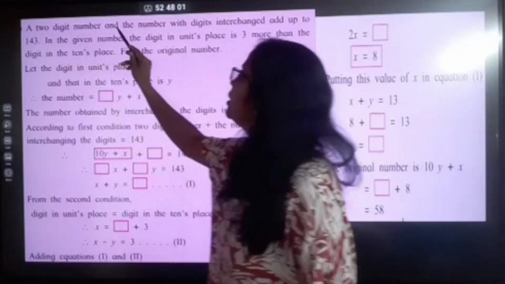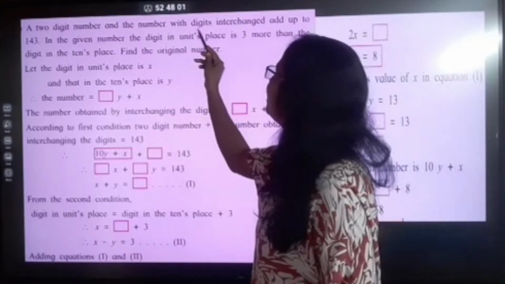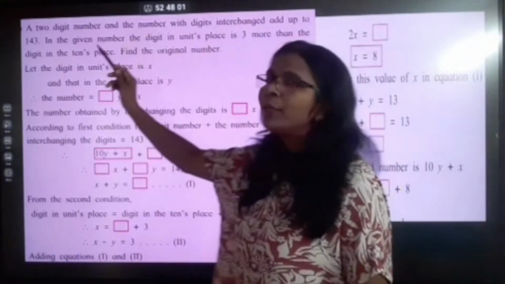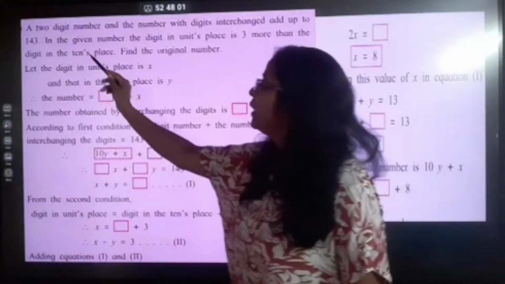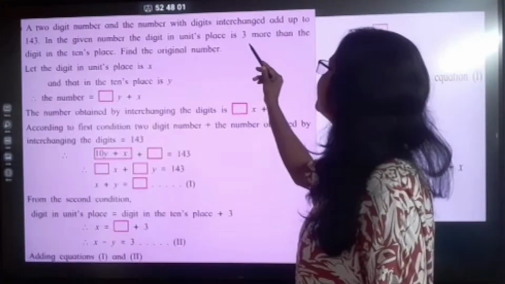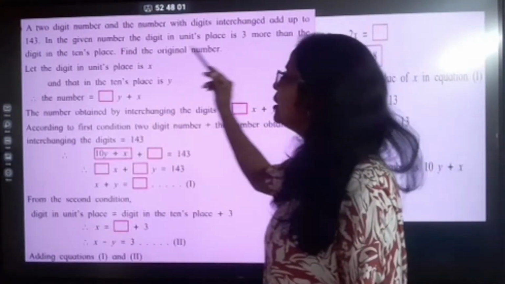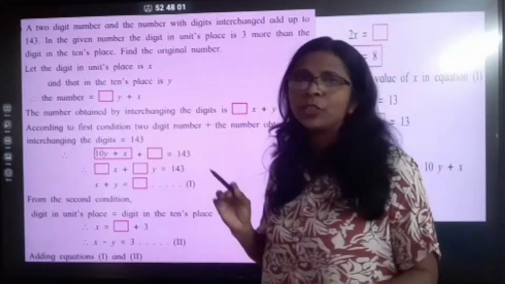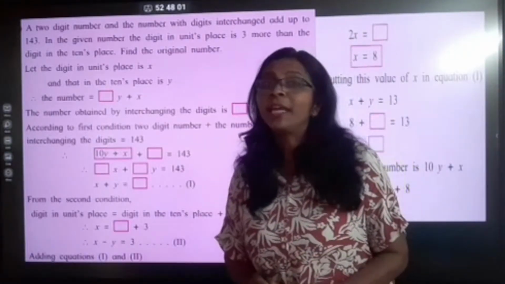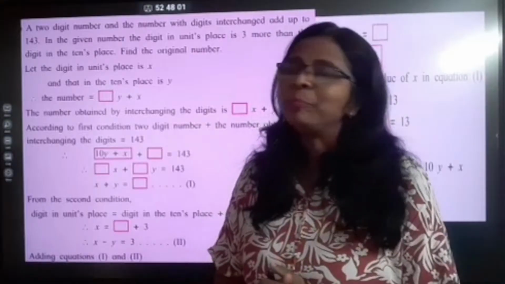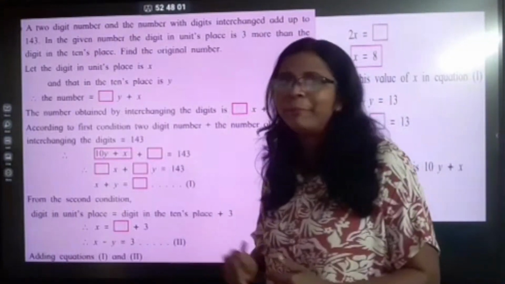A two-digit number and the number with digits interchanged add up to 143. In the given number, the digit in unit place is 3 more than the digit in the tens place. Find the original number. Students, it is a hard question, but it is lined up as an activity based question.